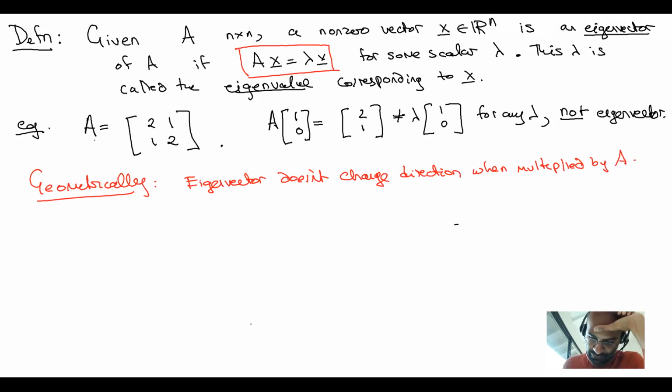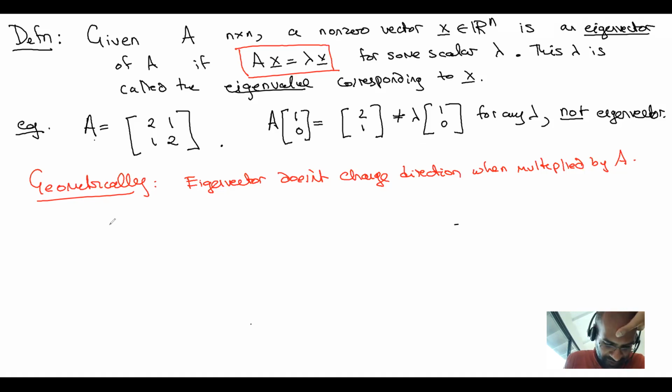Now it's not clear, just looking at this matrix, if there is such a vector actually, right? Now I'll tell you how I found this later, but I actually found two vectors that don't change direction when multiplied by this matrix. So let's consider these vectors.